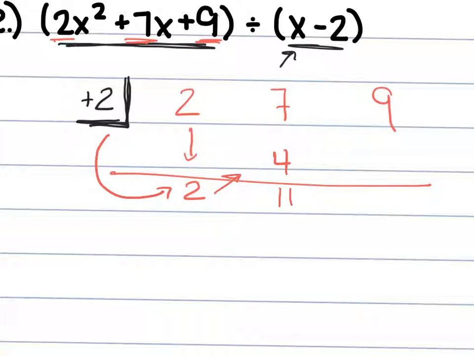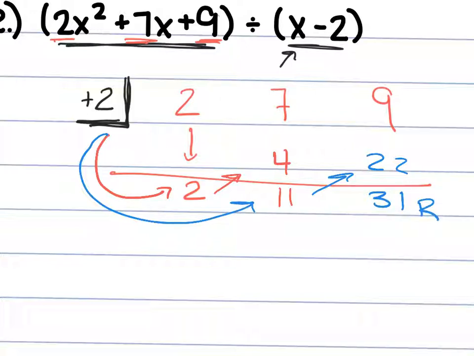So far, so good? And then the 2 times 11 and 22. Do you subtract that or do you add? Always add on this one. Okay. 31. And the remainder would be 31. And then we put 0 in there as an exponent for 11. And 1 for 2.